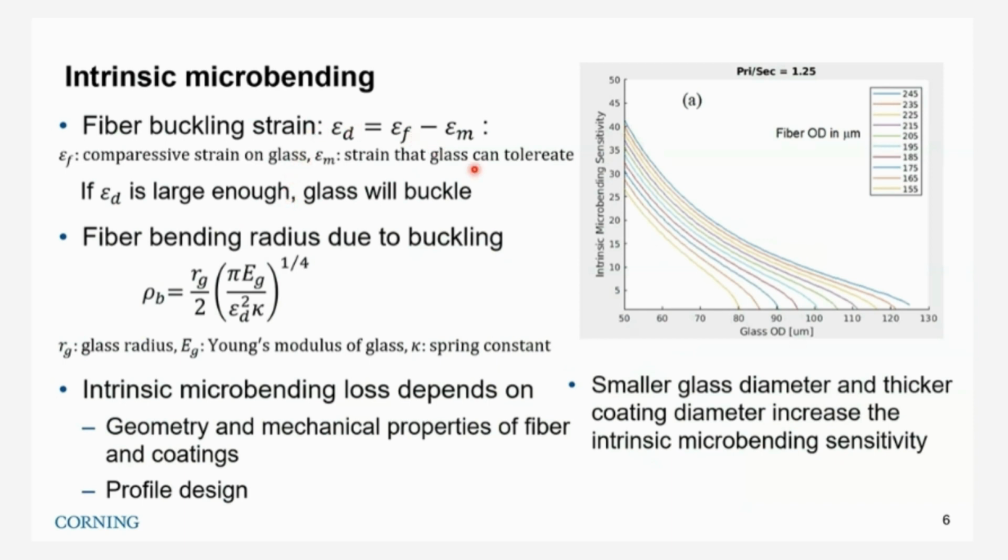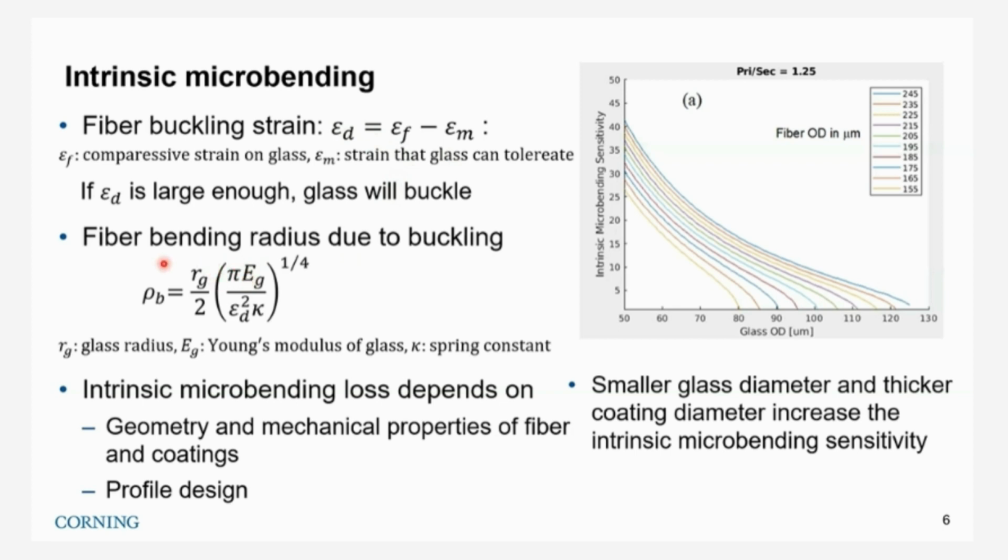So let's look at the intrinsic microbending. For intrinsic microbending, we define the buckling strain. It's the difference between the strain applied to the fiber minus the strain that glass can tolerate. If this buckling strain is large enough, then the fiber will buckle.